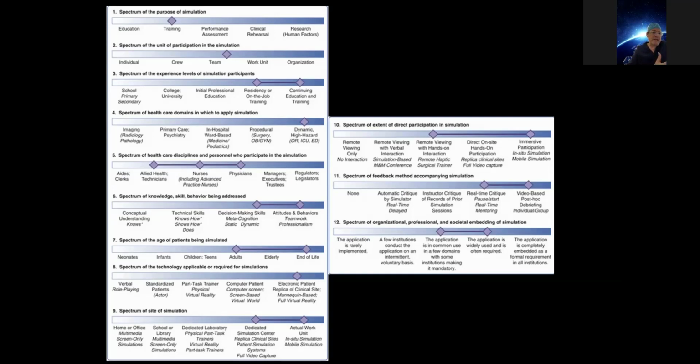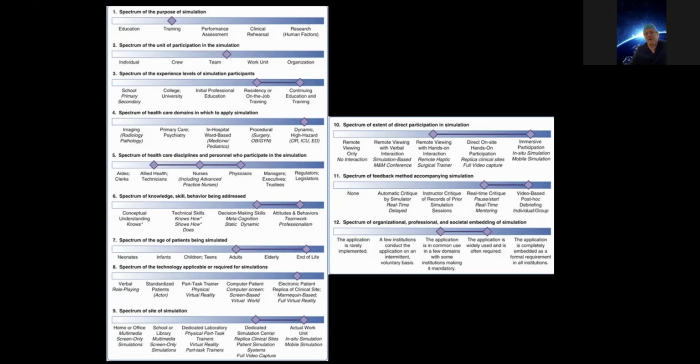You look at what are the healthcare domains of these people and the participants, and where is it applied? What are the disciplines involved? Are there nurses? Are there physicians? Are there managers? What is the spectrum of knowledge and skill and behavior you are addressing?